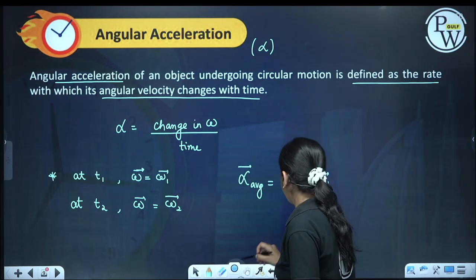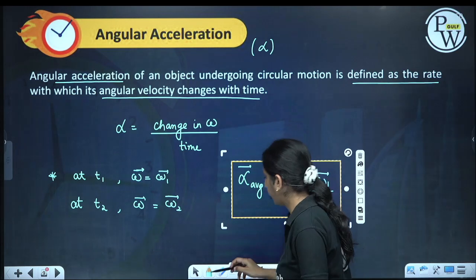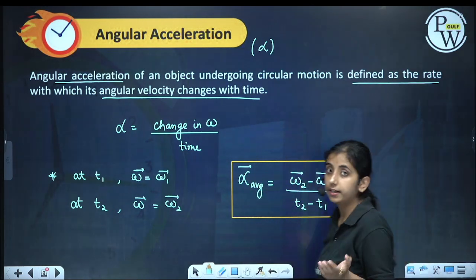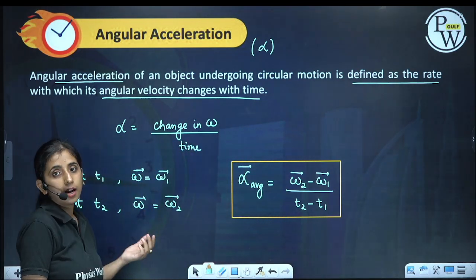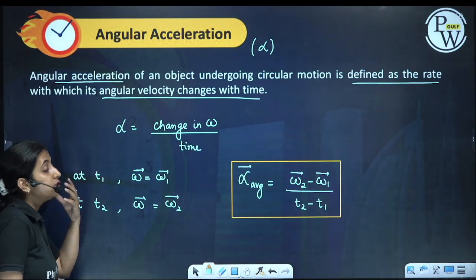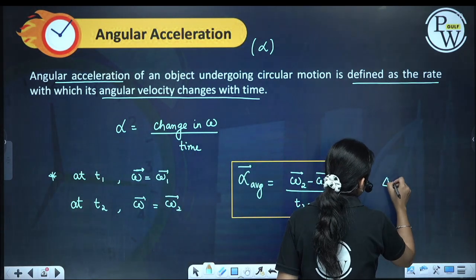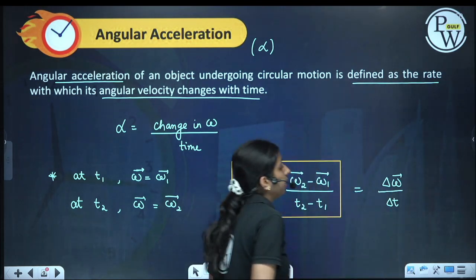This will be my average angular acceleration, that is change in omega divided by change in time, delta omega by delta t.